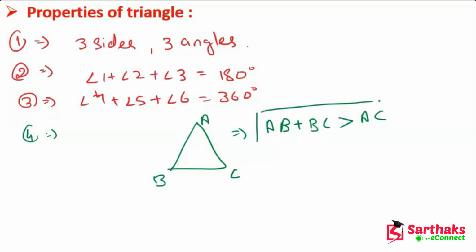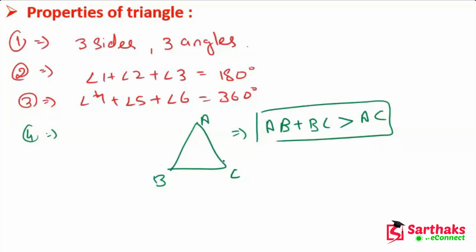If we add AC plus CB, it is greater than AB. If we add BC plus AB, it is greater than AC. So if we add any two sides, it is greater than the third side.